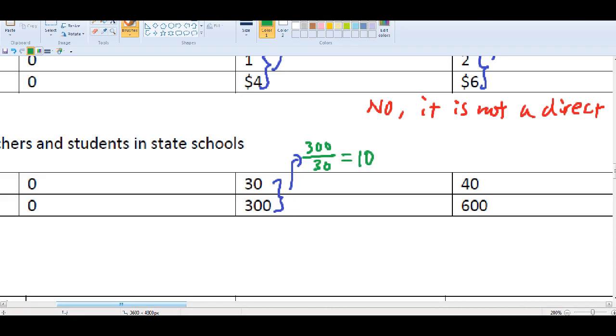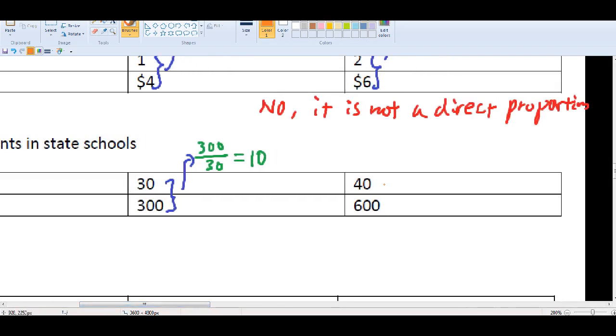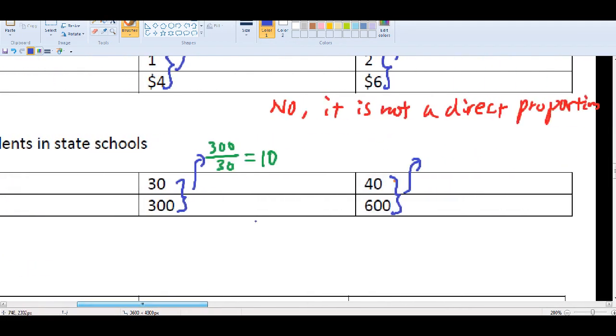All right, and in the second case, if you use 600 students divided by 40 teachers, it becomes 15. Okay, so you see the ratios, they are different.